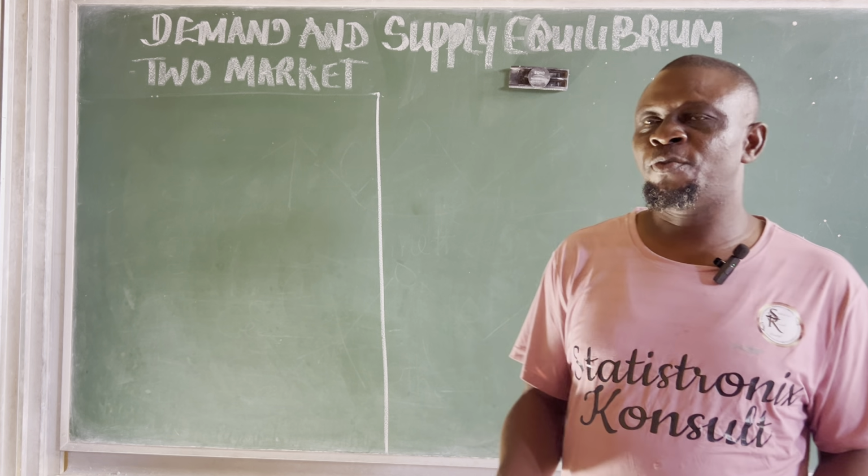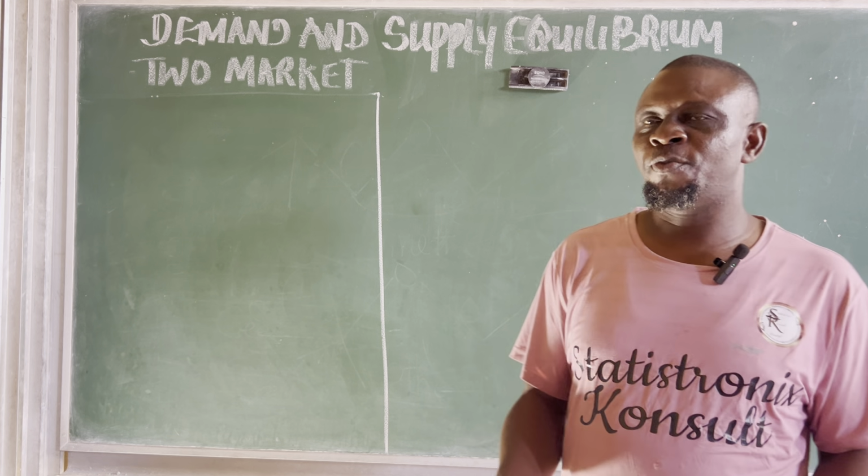And then we are also given that QS is equal to minus 50 plus 13 PP. Now, we are given this set of demand and supply equations from two related markets.